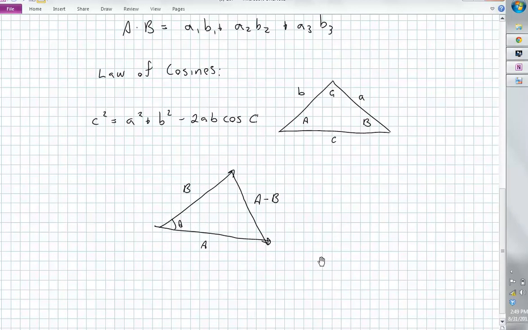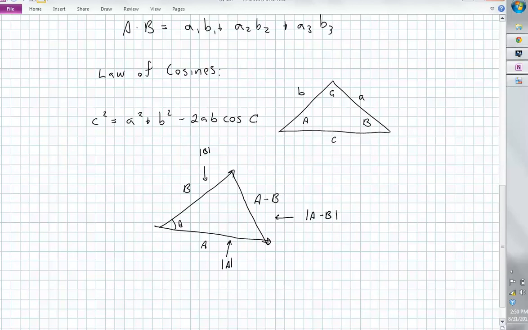What's the length of this side? Magnitude of A. And similarly, the length of this side is the magnitude of B, and the length of this side is the magnitude of A minus B. Right? There's a difference between the vector and the length of the side, which is the magnitude of the vector.